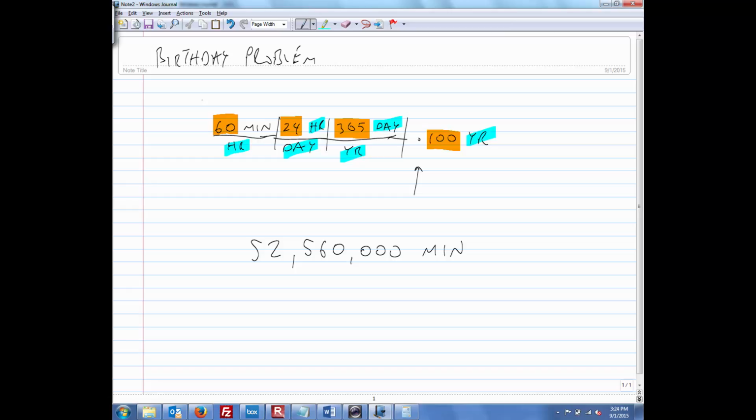Now, I want to compare this birthday problem to a retirement problem, inheritance problem, whatever you want to call it, which is our fossil fuel supply.